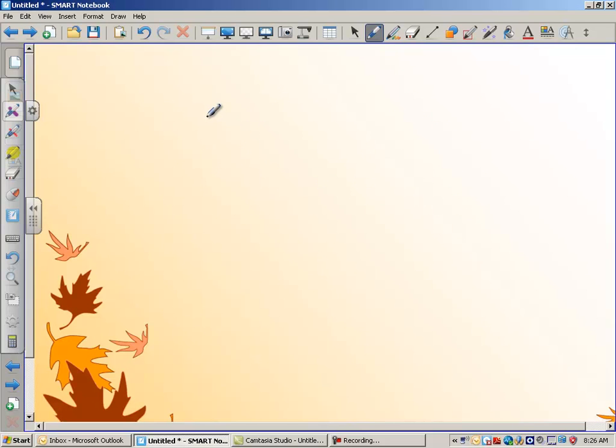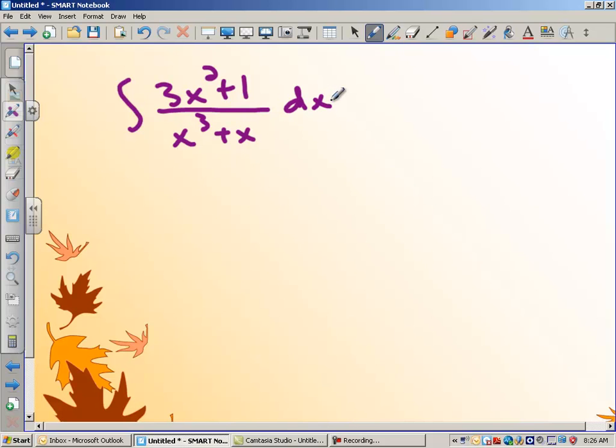All right, so let's take a look at another u prime over u example where it's perfect. What if I have the integral of (3x squared plus 1) over (x cubed plus x) dx? If you have a fraction and you can't separate it, I strongly recommend you look for, is it maybe u prime over u or some version of that?